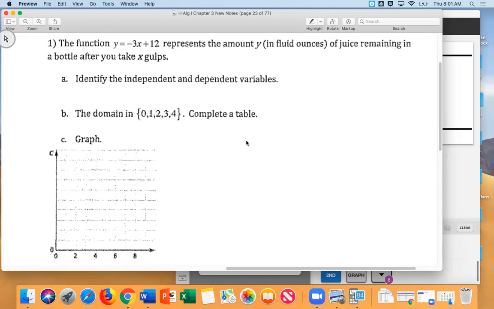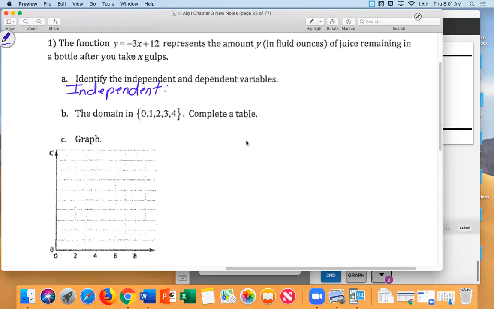Here we go. So first off, independent variable. This is the one that kind of controls the other one, okay? If we look up here, it tells me what it is. It says this function represents the amount y in fluid ounces of the juice remaining in a bottle after you take X gulps.